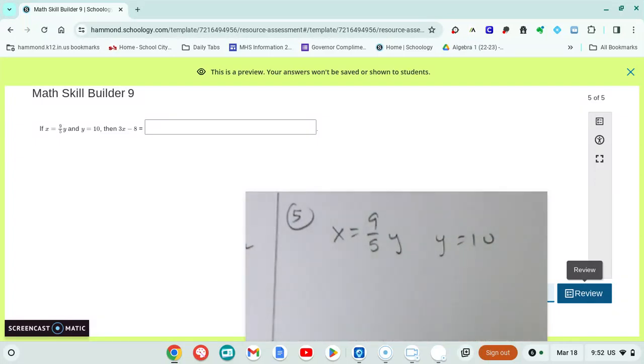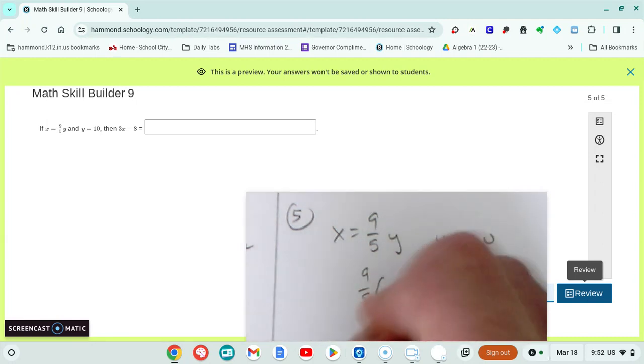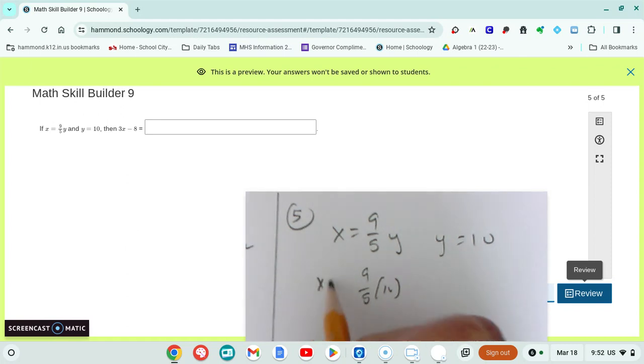Then the question is, what is 3x minus 8 equal to? All right, so we're given an expression that contains x and y and a value for y. So the first thing we're going to do is go ahead and substitute in that 10 in place of y. So 10 times 9 is 90, divided by 5 is going to be equal to 18.